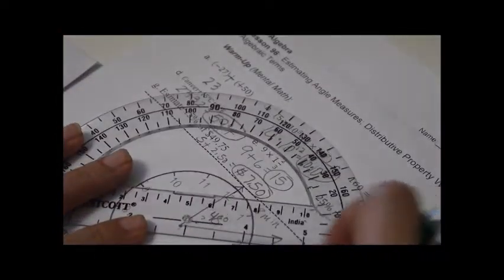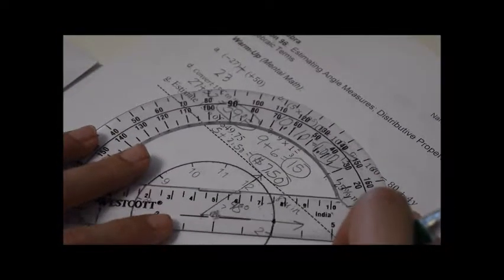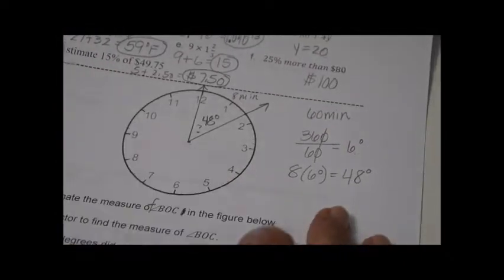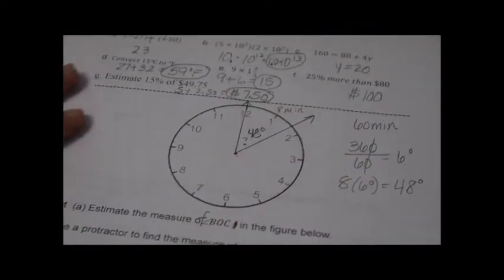And you can't even see what I just did there, sorry. I'm trying to do these in a hurry. Shouldn't do that. So there it is. Not 50, but 48. All right. But, like I said, we know how many degrees are in a minute because we can do the math. And that's exciting. So, let's look at example 1.